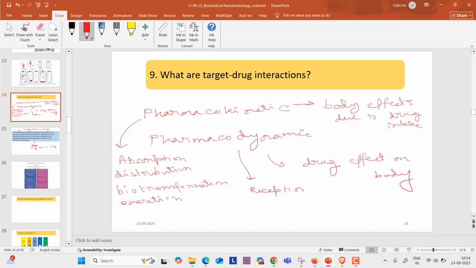First, receptor interaction. Second, receptor sensitivity. And third, drug transportation. So these are the pharmacokinetic and pharmacodynamic interactions on which our target drug interactions are based.